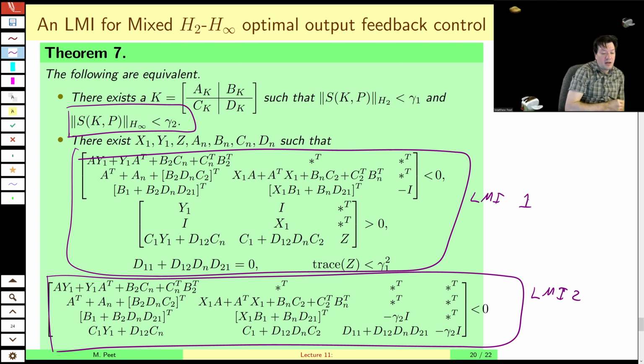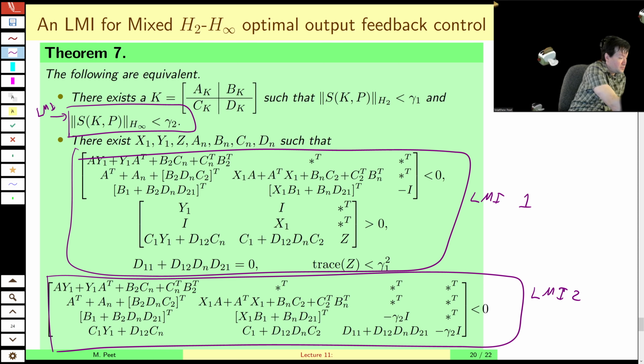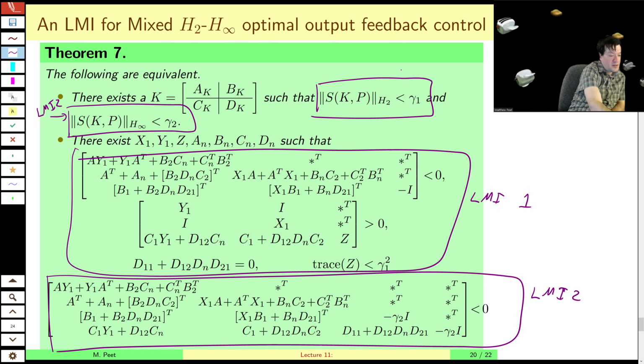We had one constraint that ensures the H infinity norm of the closed loop system is less than gamma, and another constraint that says the H2 norm of the closed loop system is less than gamma.